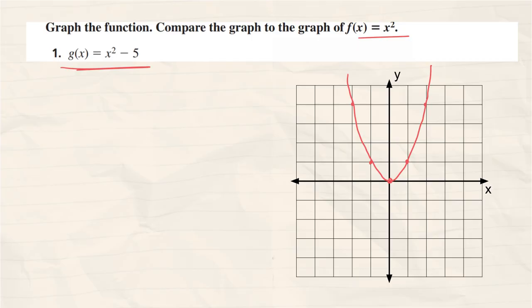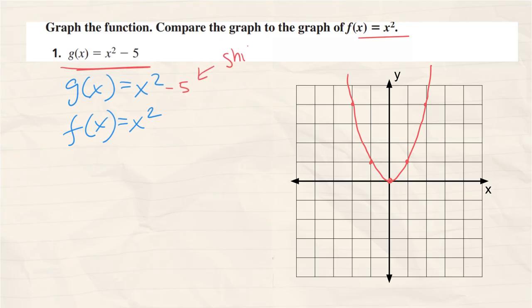For those that understand it right away, you could just see that this g of x equals x squared. It's the same as f of x equals x squared. The only difference now here is that we have a minus 5. And the minus 5 is telling me I'm going to shift 5 units down.